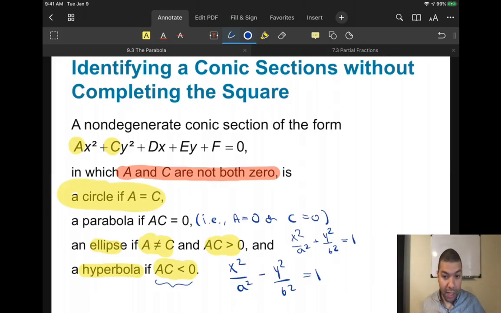They may be different, right? Little a, little b may be different, but they have the same sign, so it's an ellipse. If they're equal, right, then it's a circle. And for the parabola, it's obvious, because if either a or c equals 0, then only x squared or y squared shows up and not the other one, so it's a parabola for sure.